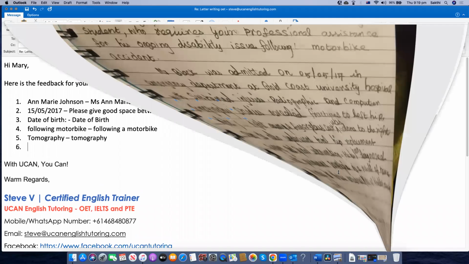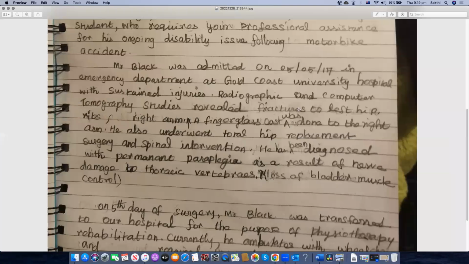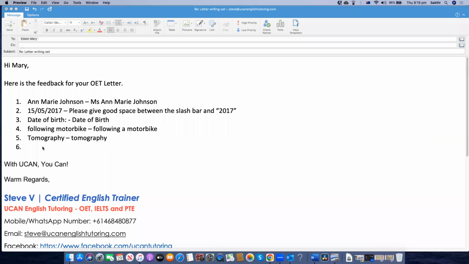And the second thing is, as I mentioned, you need to use "to the left hip". This is what you have written: "to left hip". But unfortunately, for all the body parts, for example, I have got pain on my shoulder, that's how we use it. We should say either a personal pronoun or the article "the".